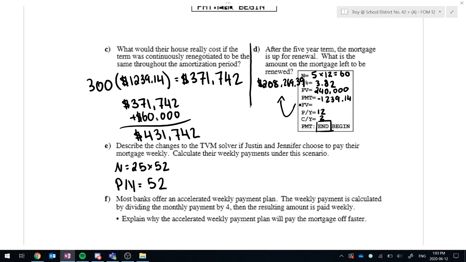And you would find that we would get a payment amount of $85.61 every week.